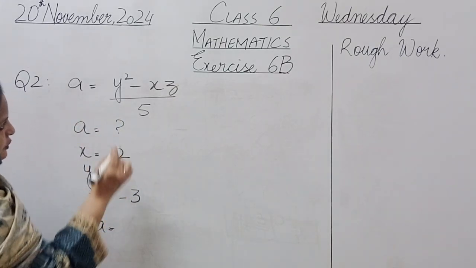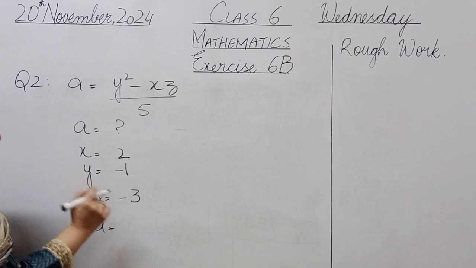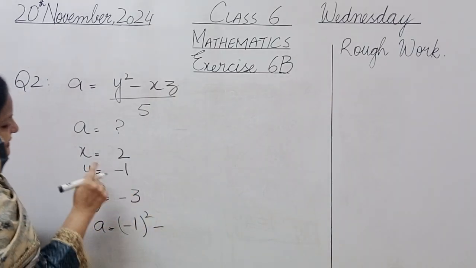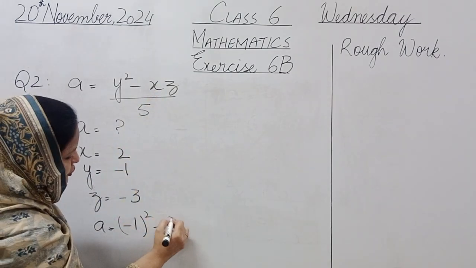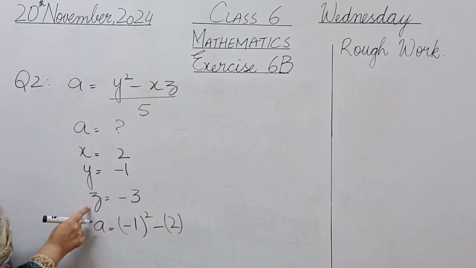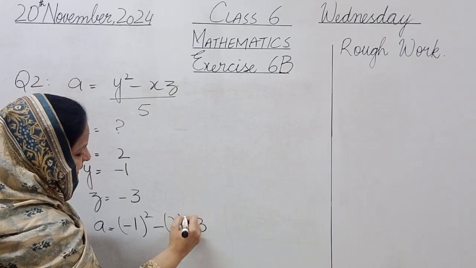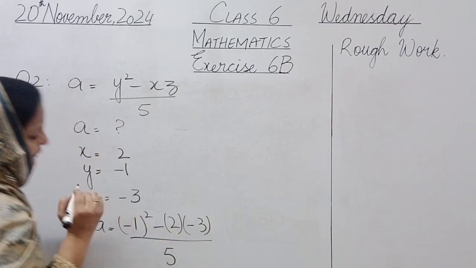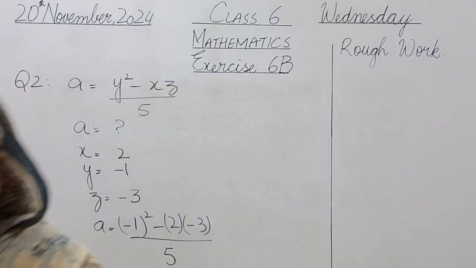A is equal to, in place of y, what will we write? Minus 1 square minus x is 2 and z is minus 3 over 5, right?